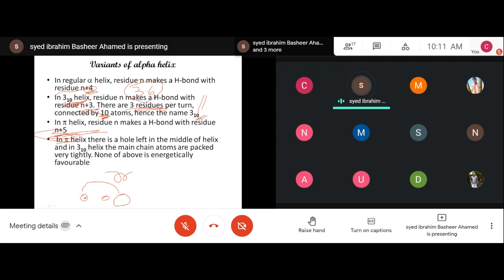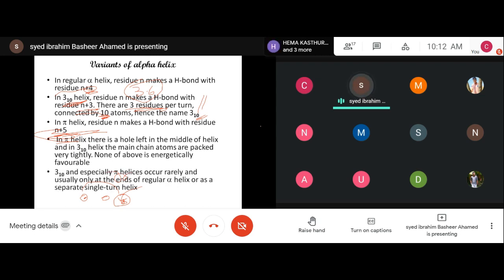But still, don't assume this is a pore through which elements like iron or sodium can travel. In the pi helix there is a hole in the middle of the helix.